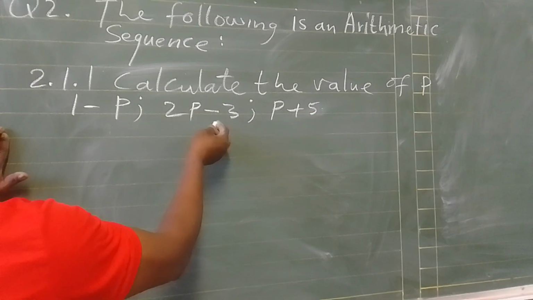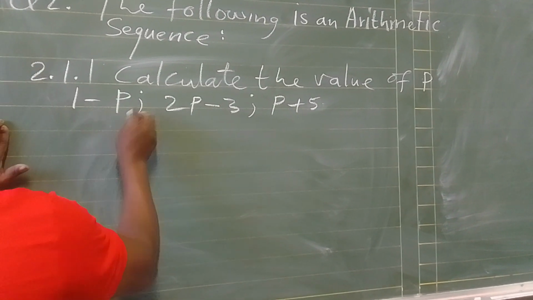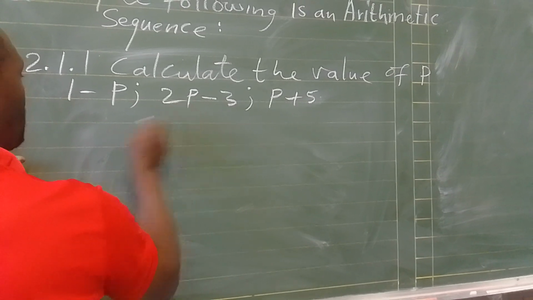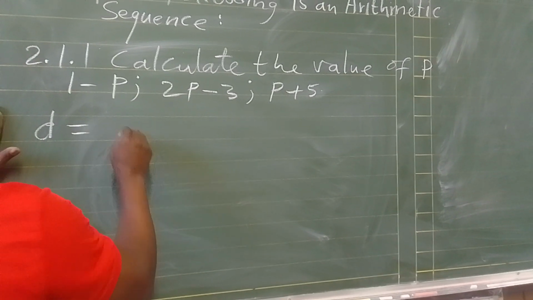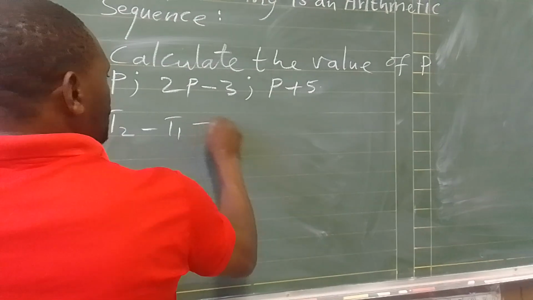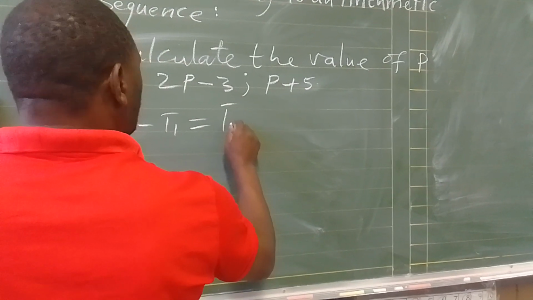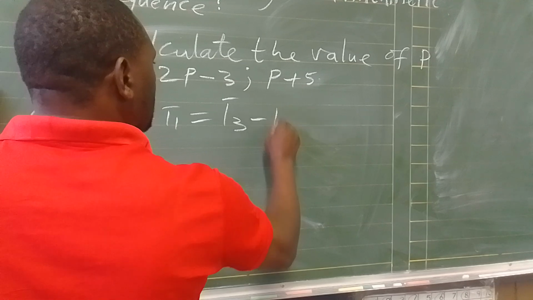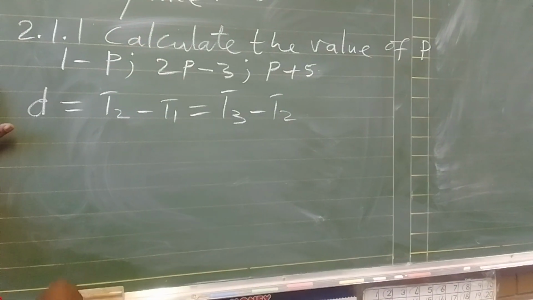Here we can find the value of P by saying the common difference is equal to term 2 minus term 1, which is equal to term 3 minus term 2.